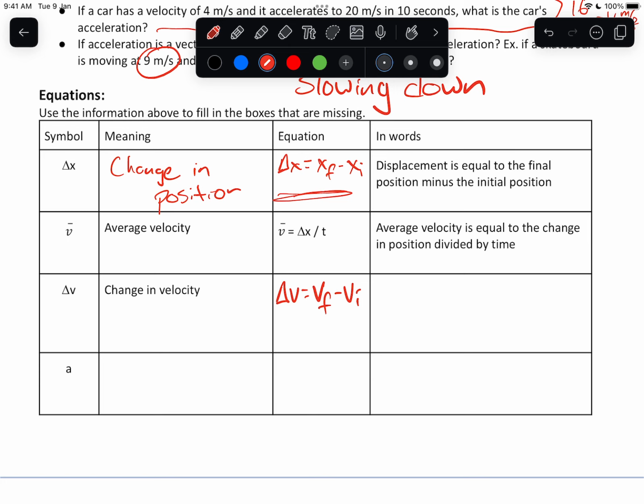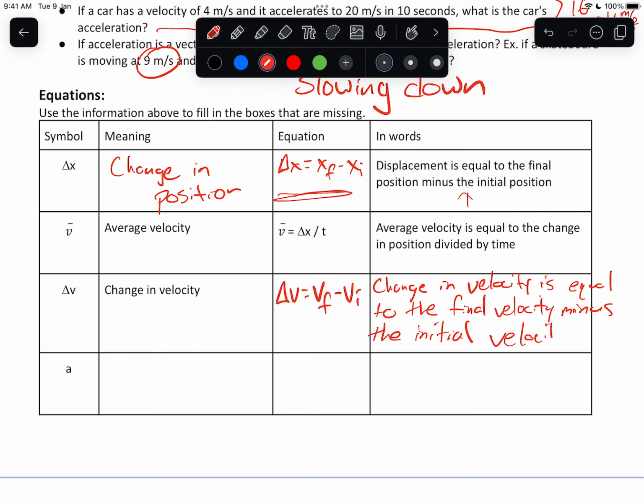So, sorry, if I go up here to this, displacement is equal to the final position minus the initial position, I can say my change in velocity is equal to the final velocity minus the initial velocity. And acceleration.